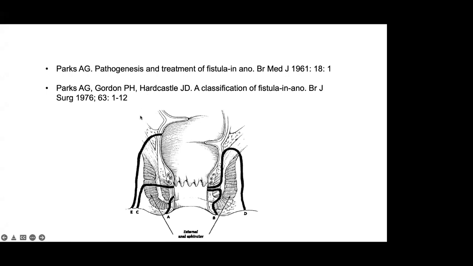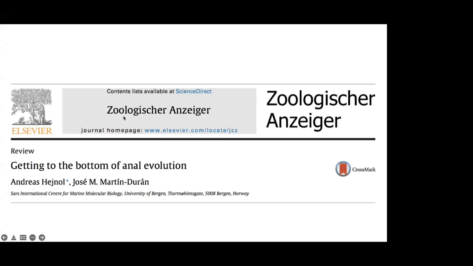The second study was the most important concerning the classification of the fistula, and 400 patients were studied and included, excluding superficial fistula. But let's take a step back.